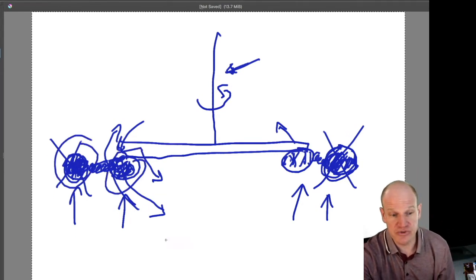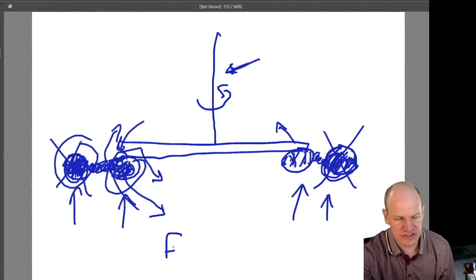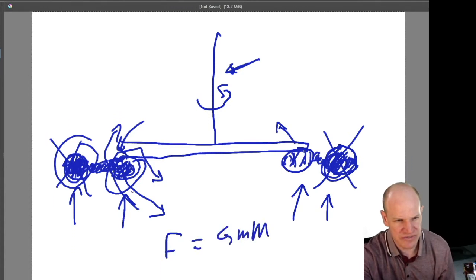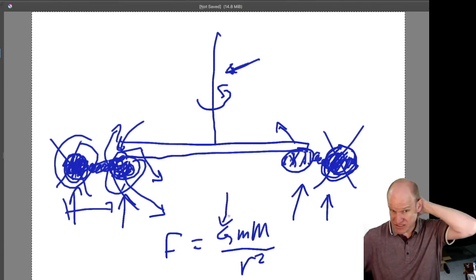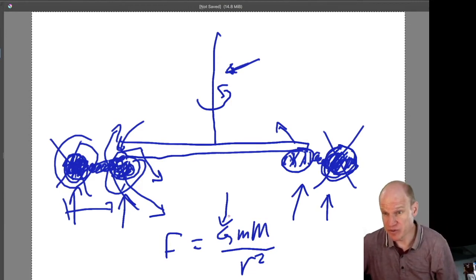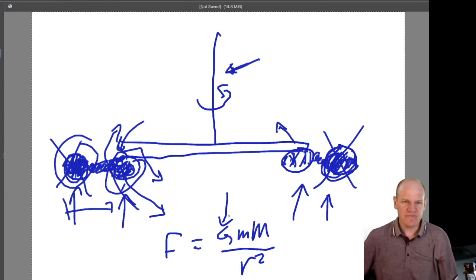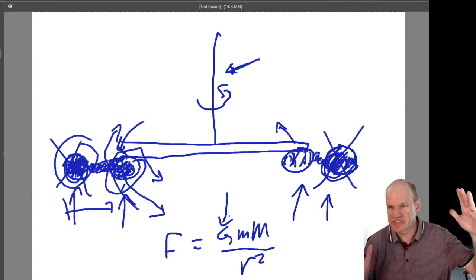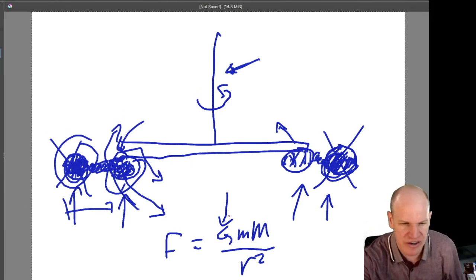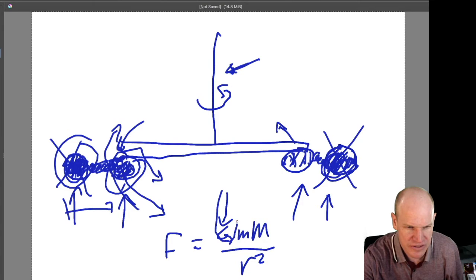And since you now have the strength, and you know the masses of each of these two spheres, and you know their separation because you can just hold a ruler up to it and measure it, the only thing that is undetermined is big G. So that is how the Cavendish experiment was originally designed, and it's been done multiple times over the last centuries, slowly improving our measurement of the gravitational constant.